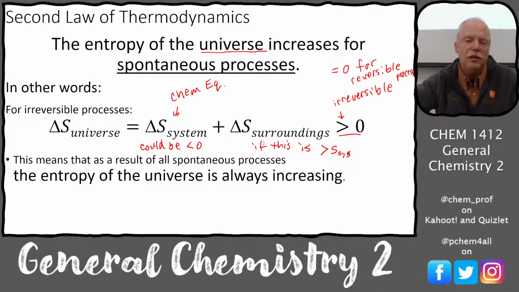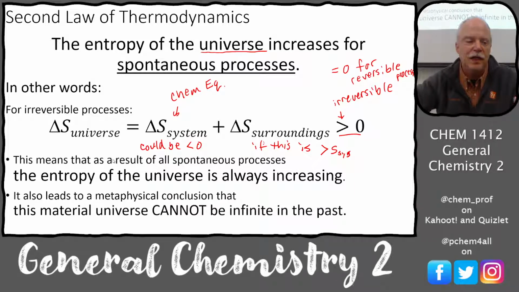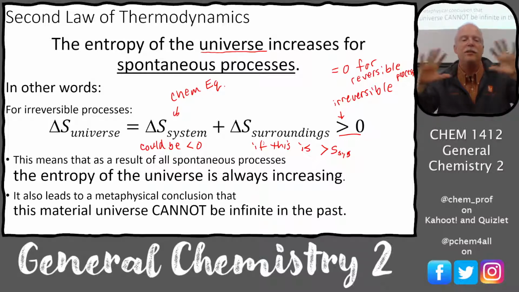Okay, so the entropy of the universe is always increasing, and this leads to something that we don't talk about in chemistry or in science, but this leads to the metaphysical conclusion that the material universe cannot be infinite in the past, because we have solids, we have liquids. If the universe was infinite in the past, everything would be a gas, because the entropy of the universe is always increasing.